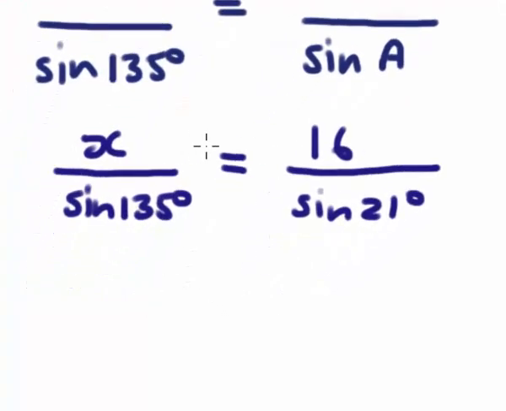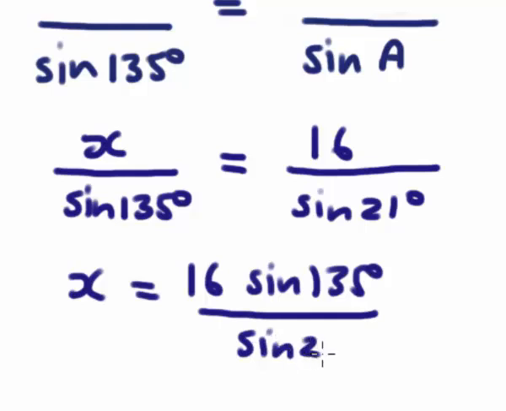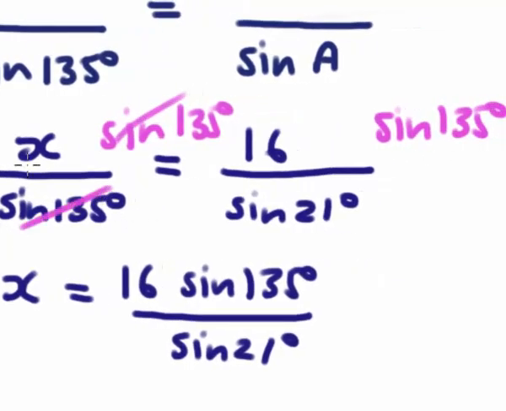Now all you have to do is multiply both sides by sine 135, and if you do that, you get this scenario here. The sine 135 just pops up. What did I do? I multiplied this side by sine 135 and this side by sine 135, and those cancel and I'm left with x.